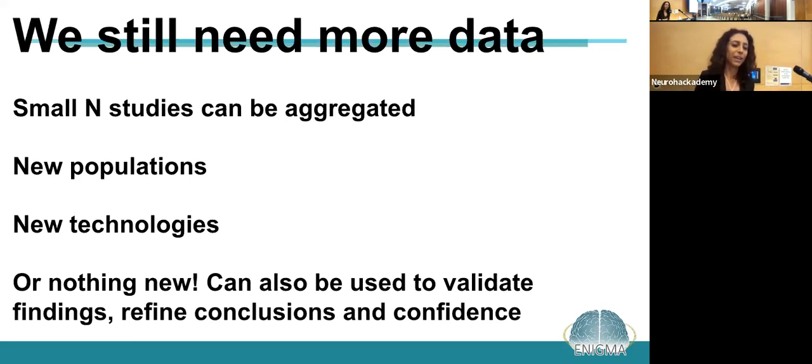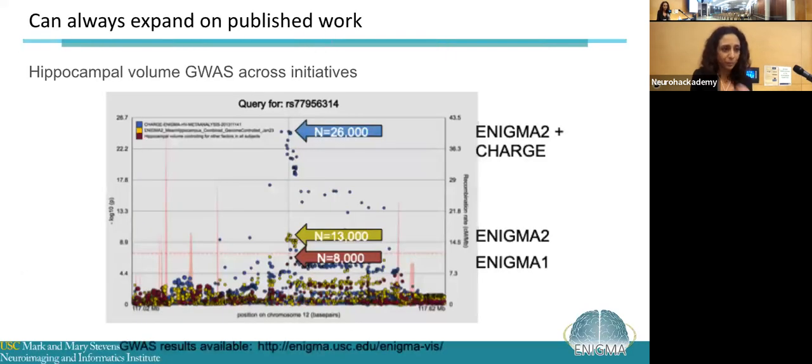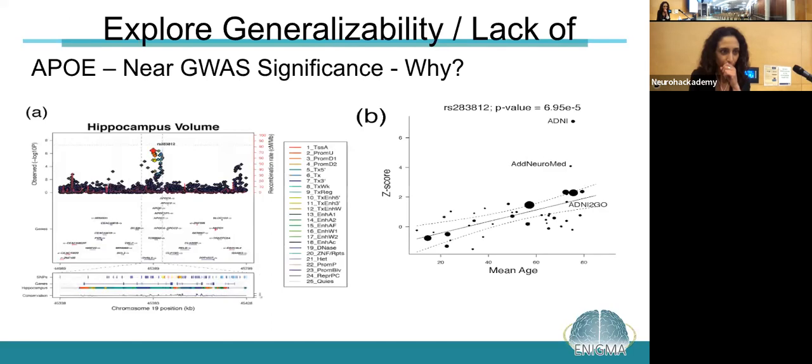You can just use it to validate findings, refine conclusions, increase your confidence in existing results, and just make more use of the data.